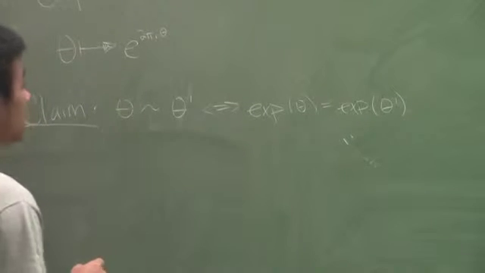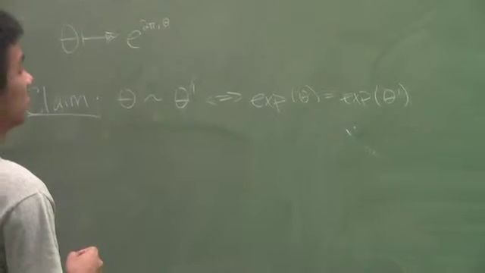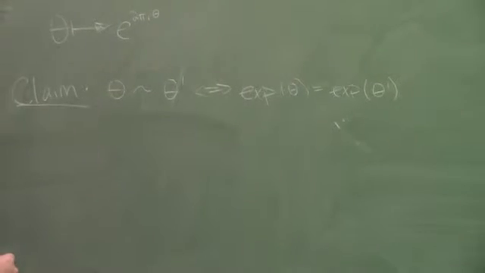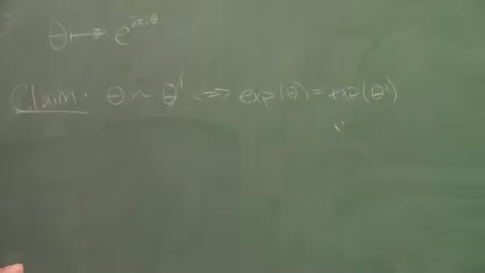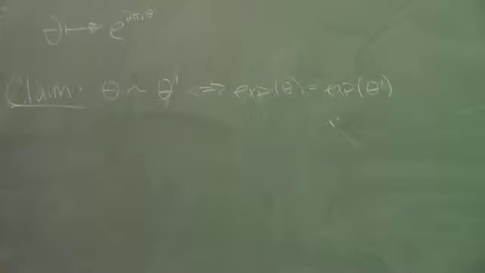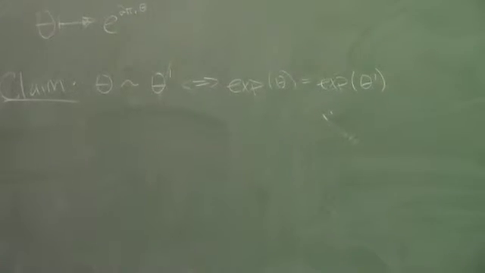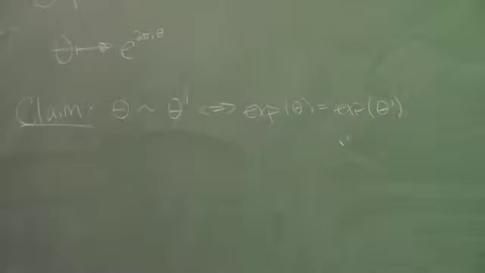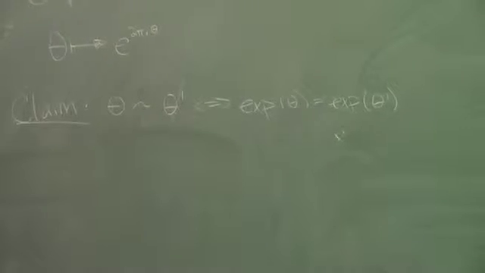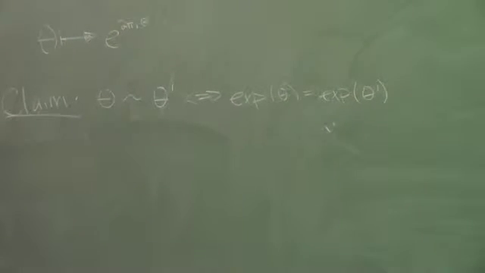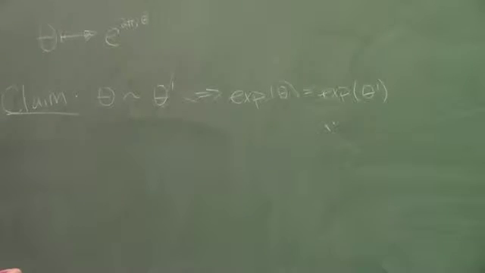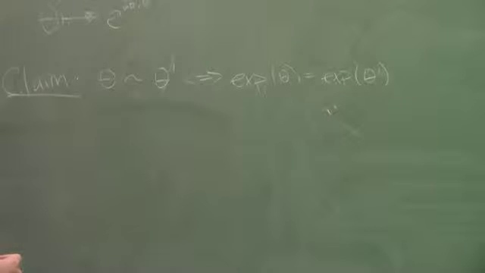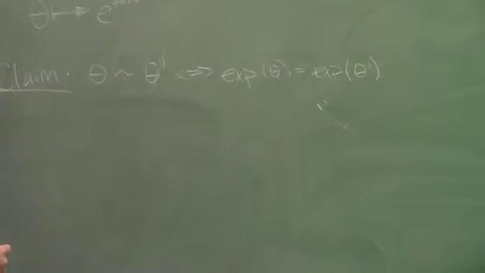No. The difference between those two. It means that theta and theta prime differ by an integer, some k, because it's 2 pi periodic. Oh, so the phase might be different?